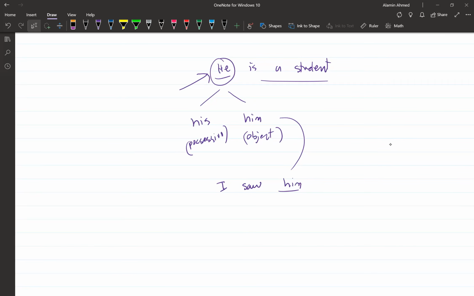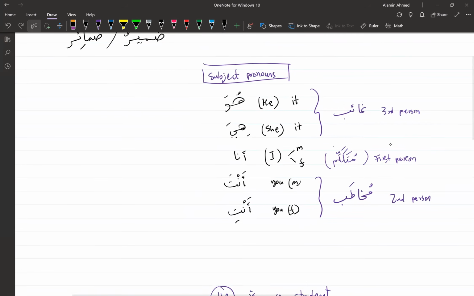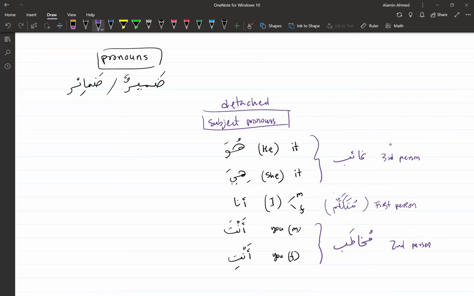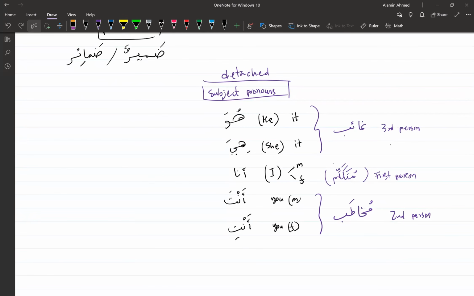Okay, so you have to understand that when we talk about these pronouns, huwa, hiya, ana, anta, anti, all of these are subject pronouns. Okay, but in Arabic language, we don't call it subject pronoun. Rather, we call it what? In English, it's called a detached pronoun, or munfasil. Okay, munfasil, detached pronoun.